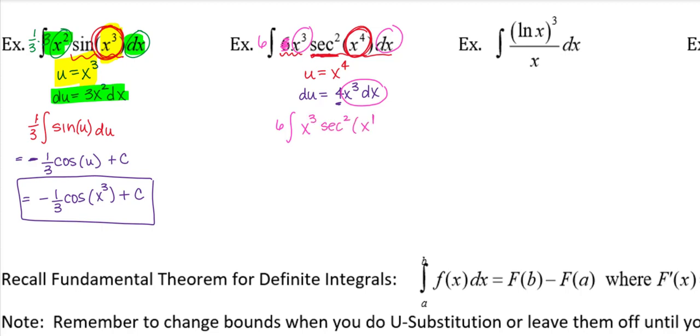Maybe you do this rewrite step, maybe not, but I'll highlight what's becoming what. This x to the 4th is going to become my u, and then this x cubed dx piece will become my du, but I need that 4.